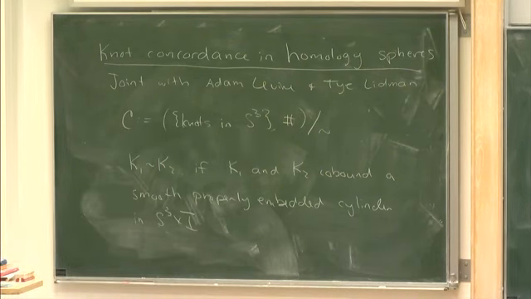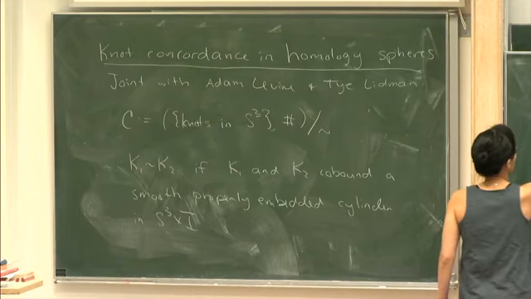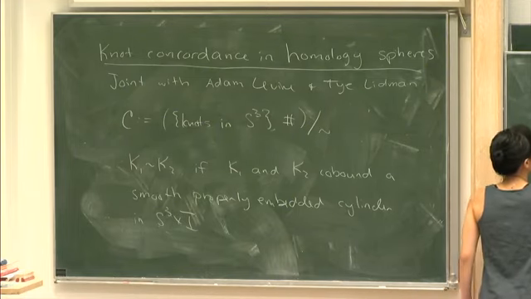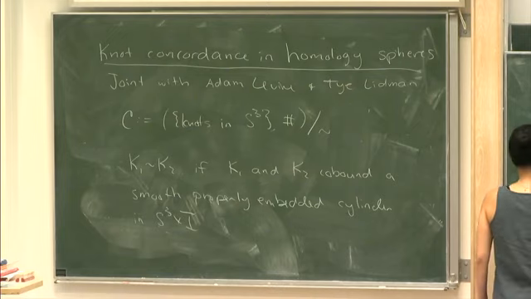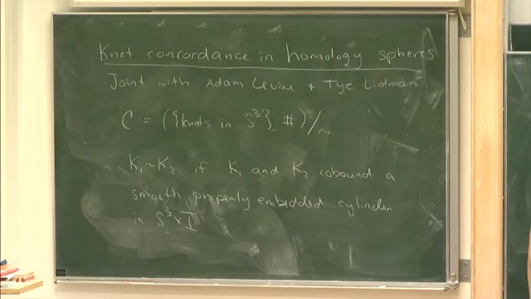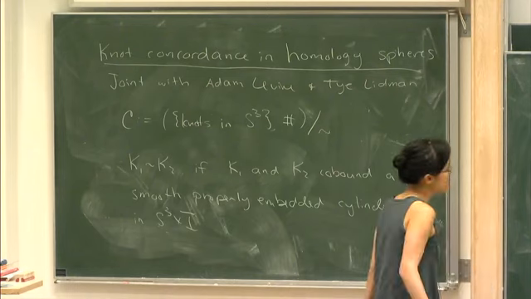Right, so the picture is you have S3 cross 1, S3 cross 0. You have your knot K2 sitting in here, and there's some cylinder connecting K1 and K2.